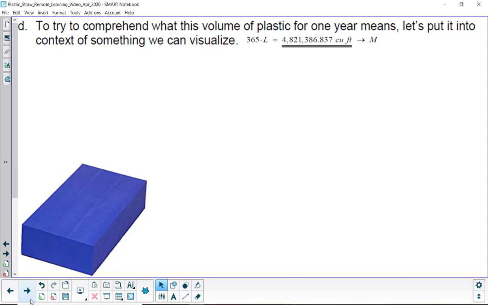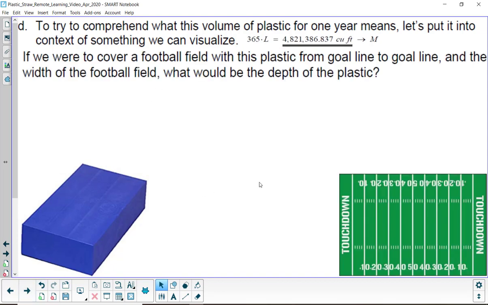So what we want to do here is, if we were to take a football field and cover it with melted plastic, from goal line to goal line, from width to width, what would be the depth of the plastic in 1 year? So there's our question right there.